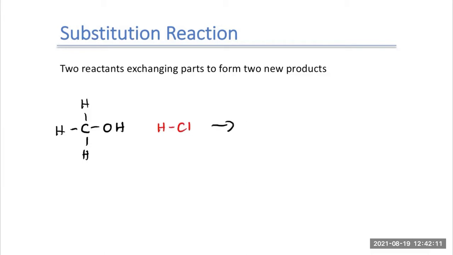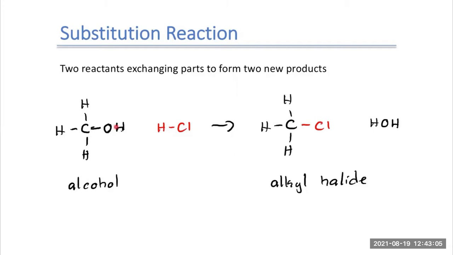Those 2 react together and go through a substitution reaction, where the OH, that alcohol, gets replaced by the chlorine. So here we went from an alcohol to an alkyl halide. We can see what happened is this OH group and the chlorine, they swapped places. So they did a substitution on the carbon. Went from OH to a Cl, we substituted what that functional group was.